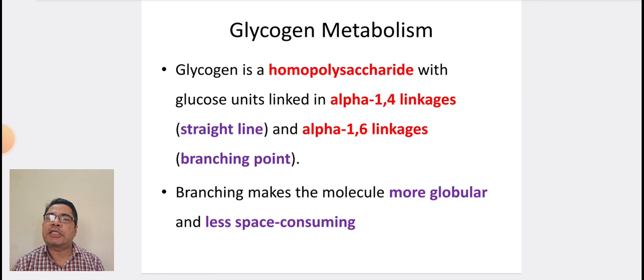Coming to the next metabolism, the glycogen metabolism. Glycogen is a homopolysaccharide with the glucose units linked in alpha 1,4 linkages, that is straight line, and alpha 1,6 linkages, that is a branching point. Branching makes the molecule more globular and less space consuming.